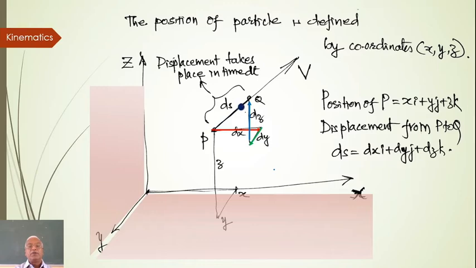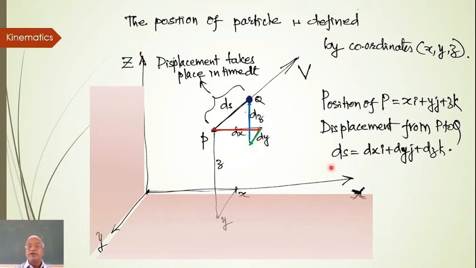So now the point P has actually moved from P to Q, but to show that P to Q motion, we have broken it into dx, dy, dz. Please try to understand here, the actual motion is this only. The actual motion is from P to Q, but for the sake of study, that ds is broken into an x component, y component, and z component.